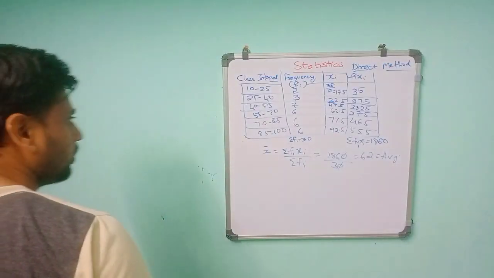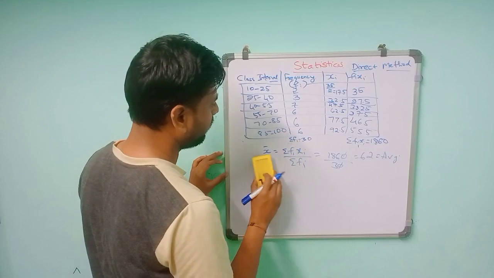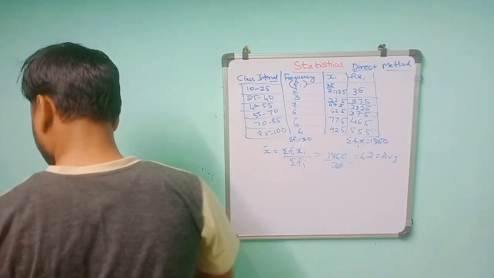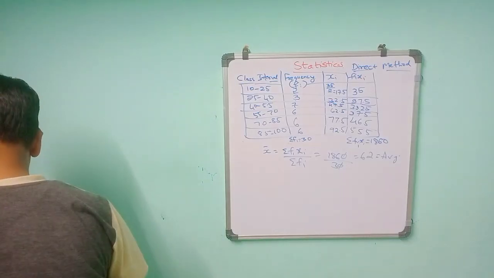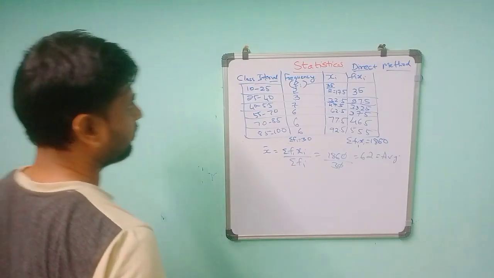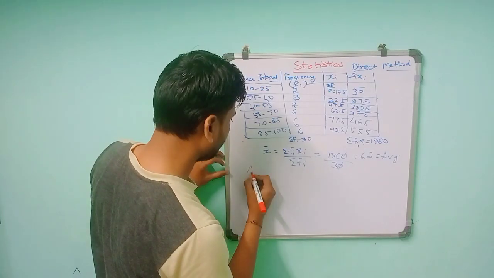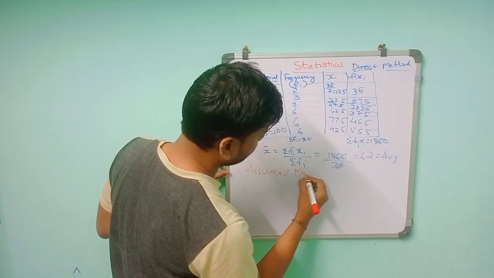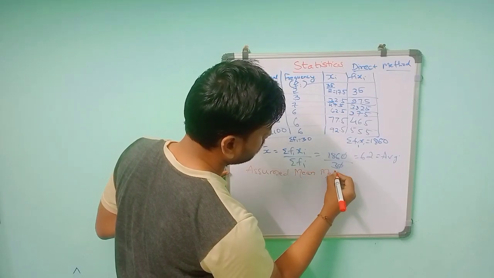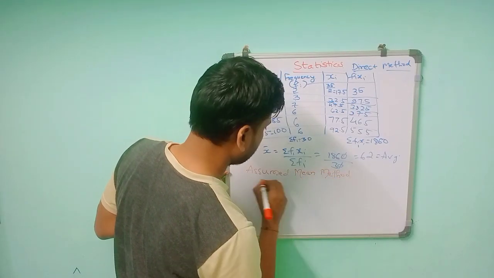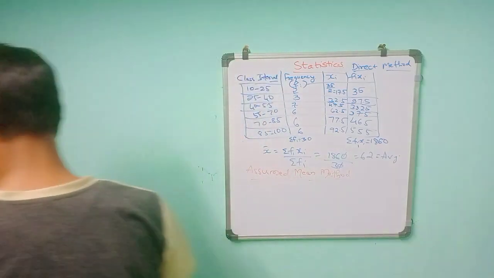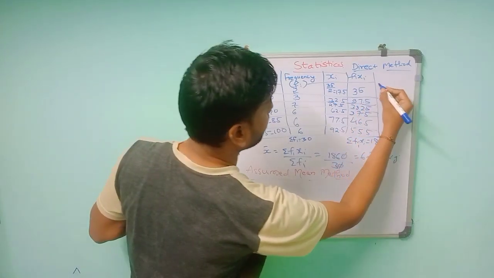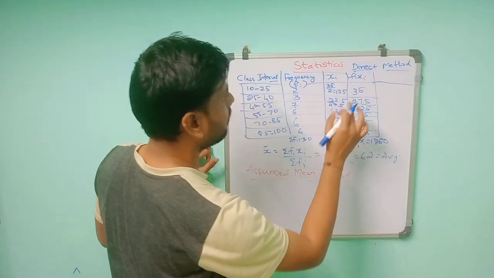Second method is the assumed mean method. For the assumed mean method, we have to take care of one more step. This is xi, so fxi.